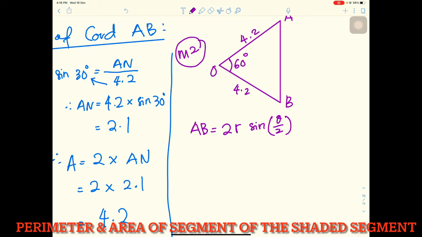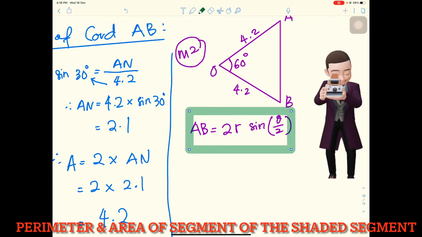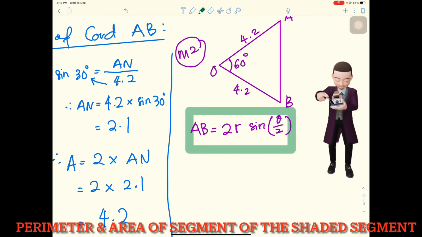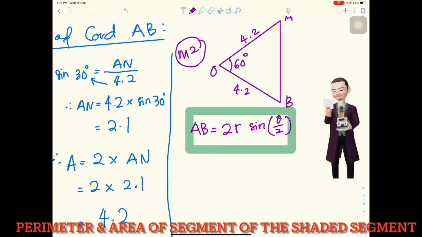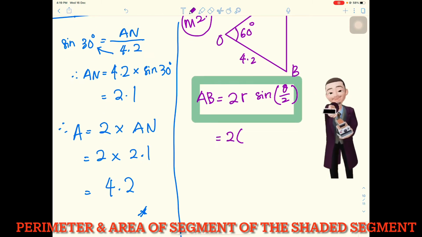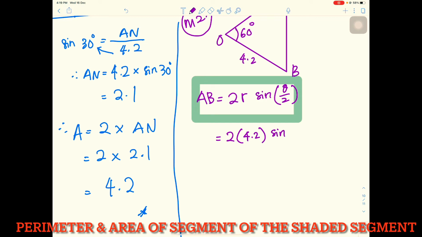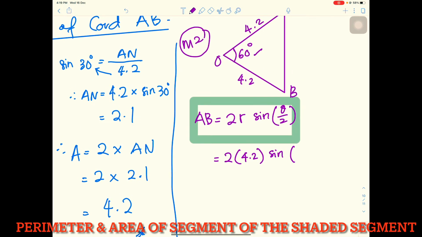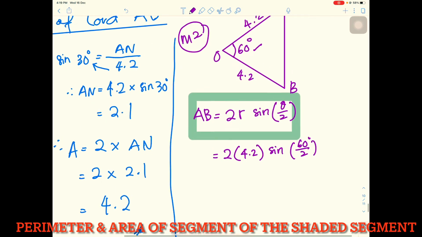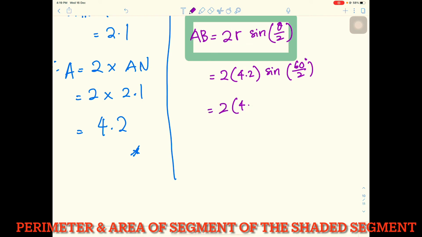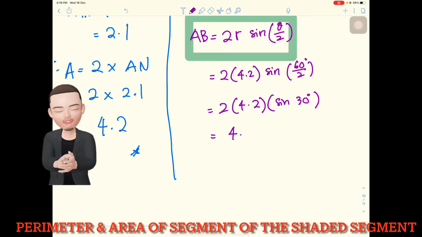This is the formula, straight away using the formula 2r sine theta over 2. So AB, we get 2r is 2 times 4.2 times sine, the angle of the sector 60 degrees over 2. So we get 2 times 4.2 times sine 30 degrees. Using your calculator, you will get 4.2 also.